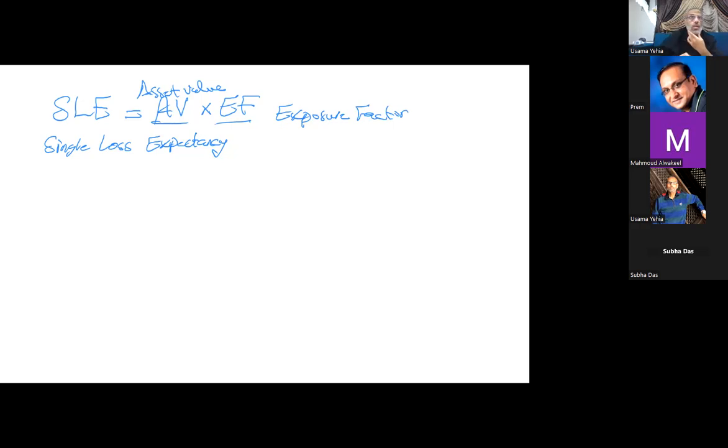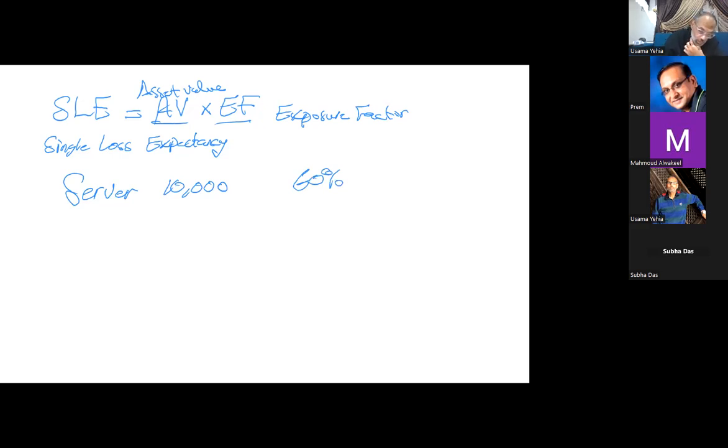What do I mean? Suppose that I have an asset, let's say a server. This server costs us 10,000 US dollars. And I have a risk, which may be a virus. If the virus attacks this server, I will lose 60% of its value.